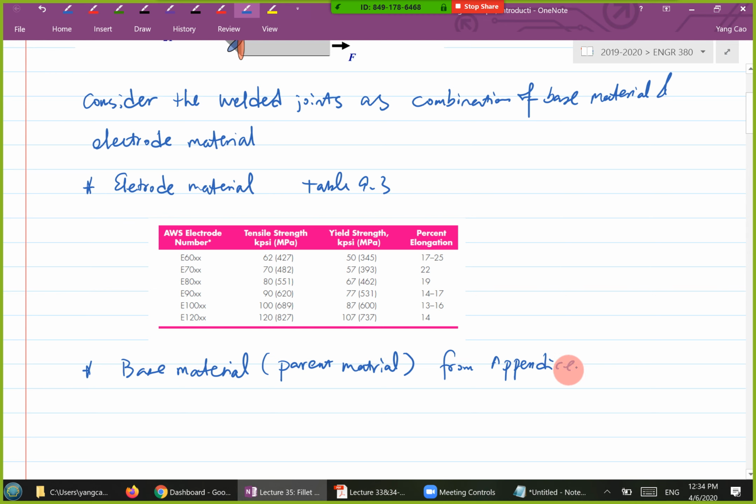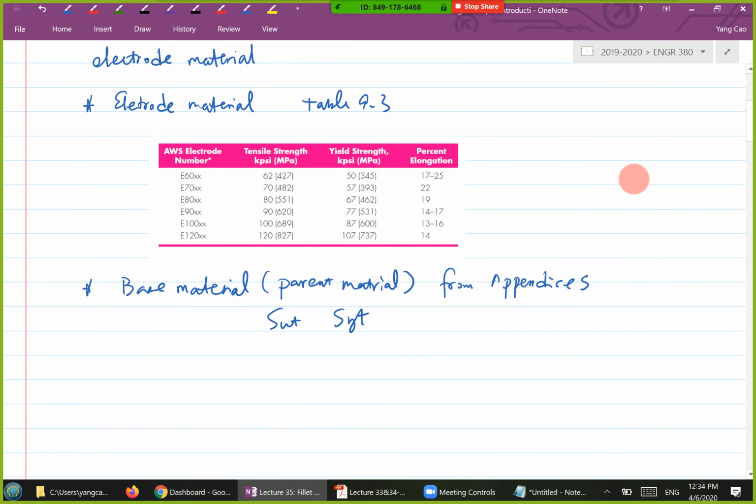There are many appendices. So what you're looking for is SUT and SYT, right? Then I'll explain why you need both, because we need to consider a mixture of materials here.